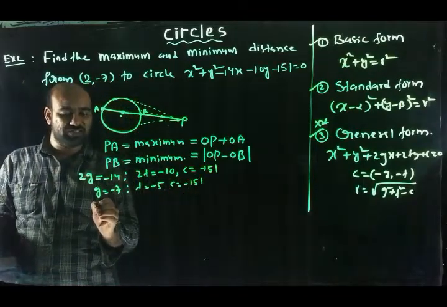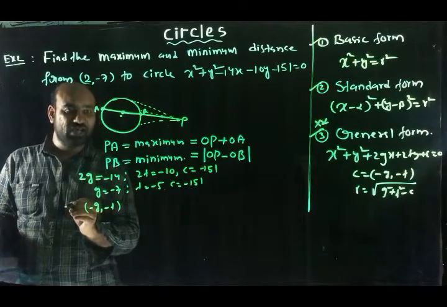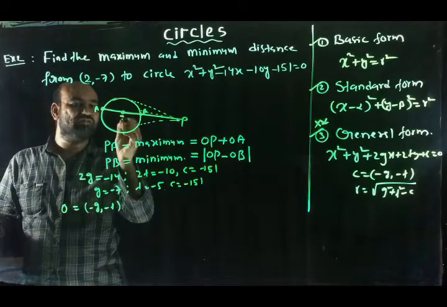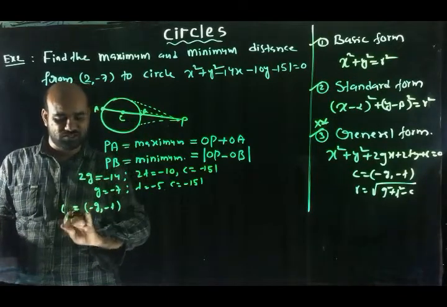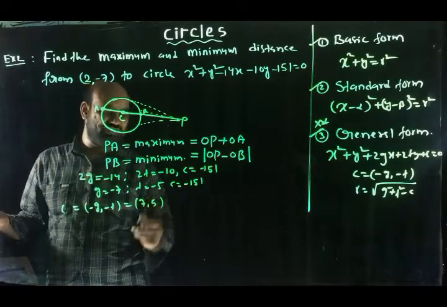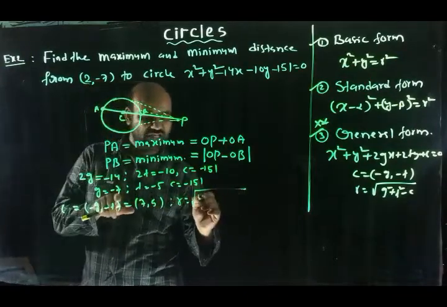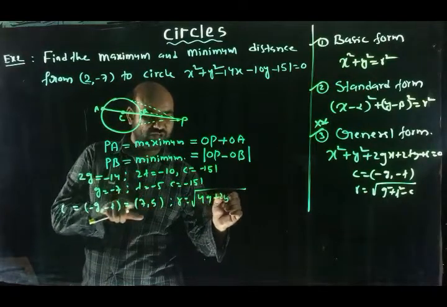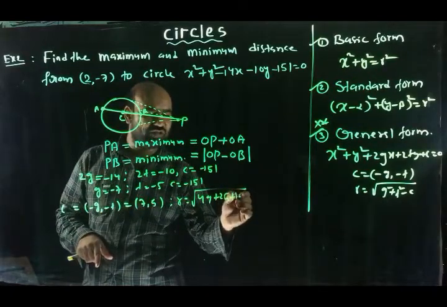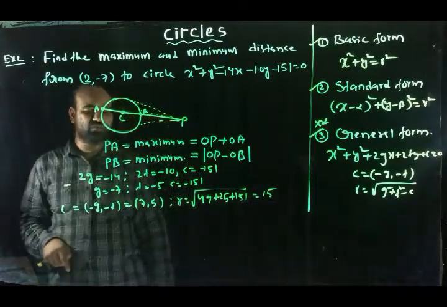From this you can find the center: minus g comma minus f is the center. I can call it O or C, your wish. Okay, C is equal to (7, 5). The radius also I want. Radius is root over 49 plus 25 plus 151, that is 225, 15. Radius is 15.